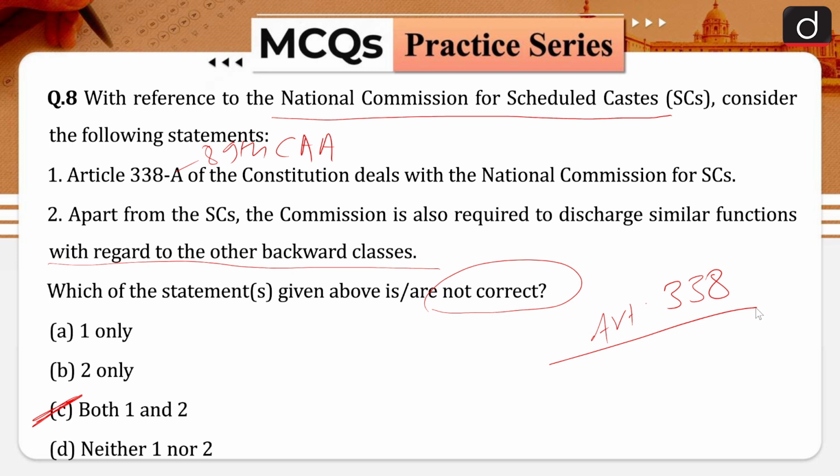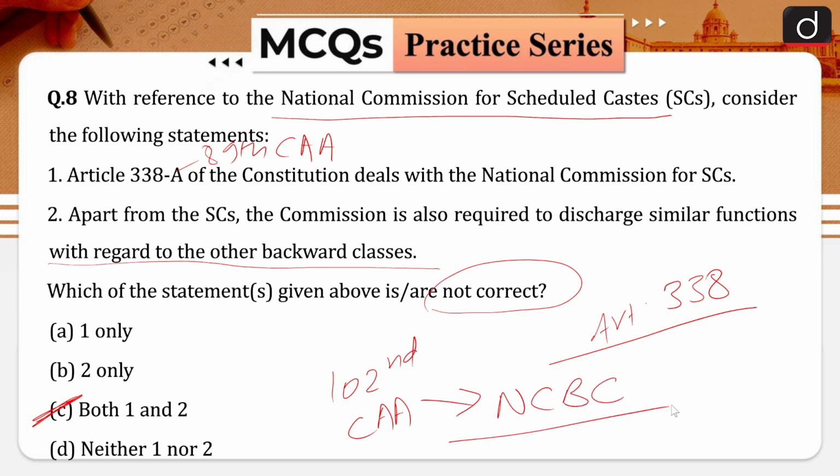But then we enacted the 102nd Constitutional Amendment Act, and now we have a separate body known as the NCBC, or the National Commission for Backward Classes, which has constitutional status and is responsible for the welfare of the other backward classes in India. And that is why both of these statements in this question are incorrect in nature. So option C is your correct answer.